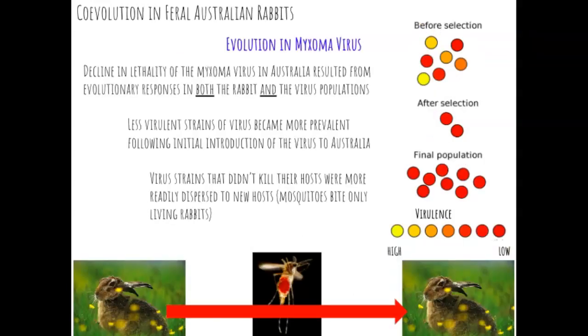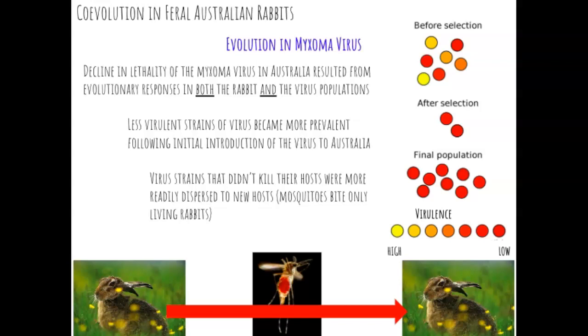That evolution happened in a similar way where there's selection and you end up with a virus that looks a little bit different than the original. Most viruses, when they're new, have a really high virulence, which means that they're very deadly. But if you think about the purpose of a virus, its purpose is to infect new hosts.